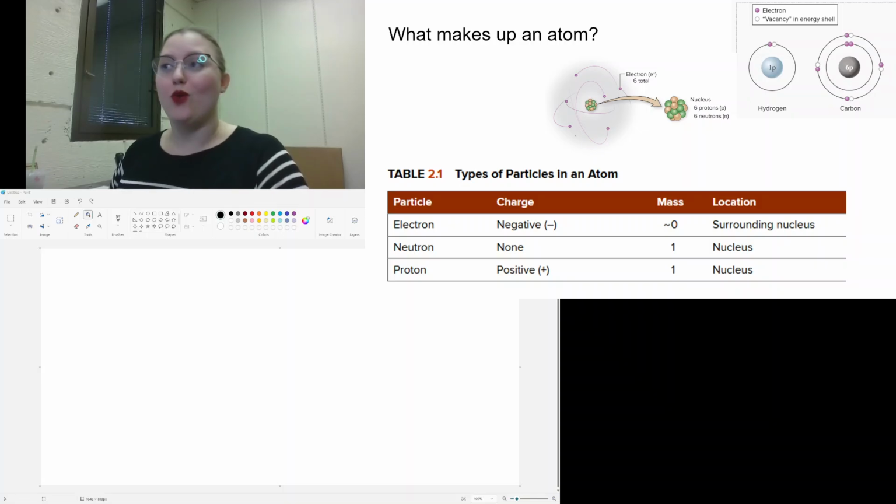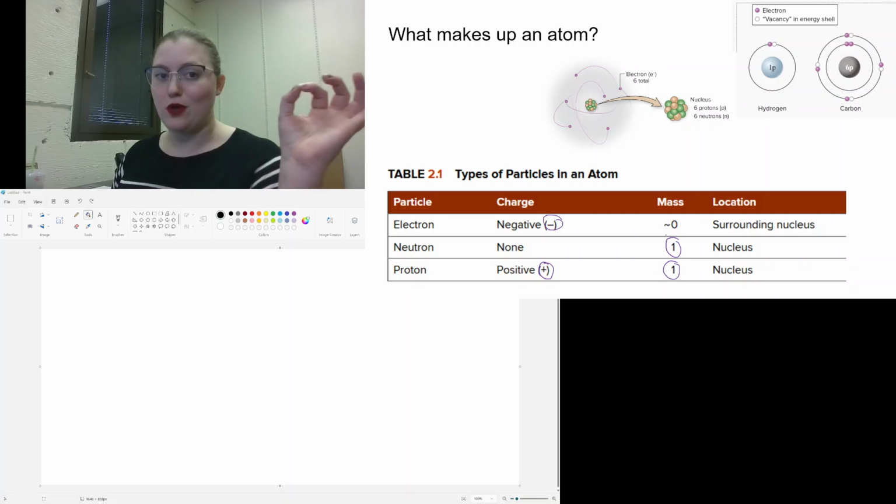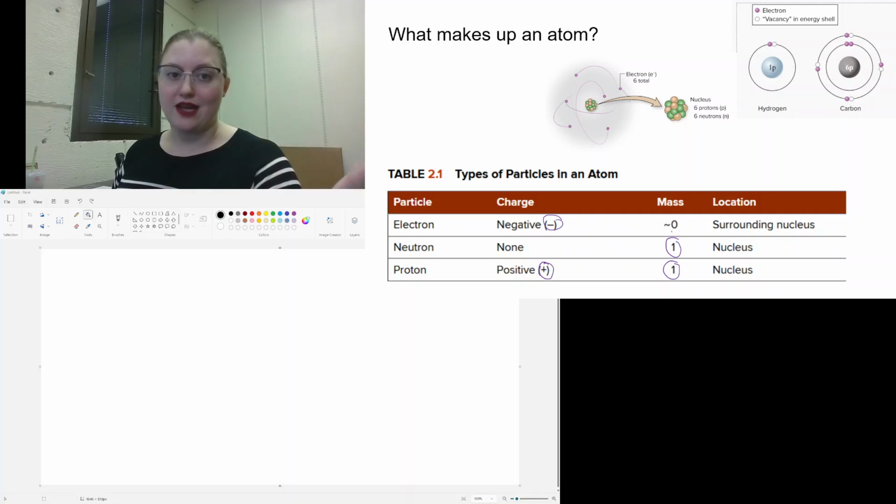All right, so now the parts of our atoms are also charged, or some of them are. Electrons have a negative charge. Protons have a positive charge, and neutrons are neutral. They do not have a charge. In terms of mass, protons have 1 atomic unit of mass, and neutrons have 1 atomic unit of mass, but electrons are so small that they are not really considered as having mass.